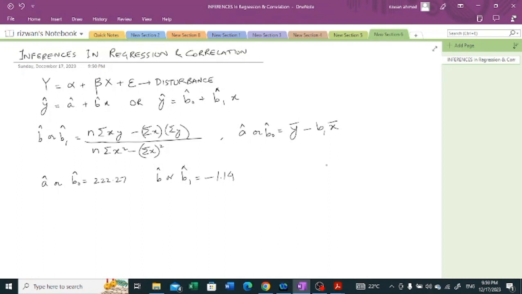One more thing we would like to determine is the coefficient of correlation, that is denoted with R, and the value is 0.928, or 0.93 when rounded off.